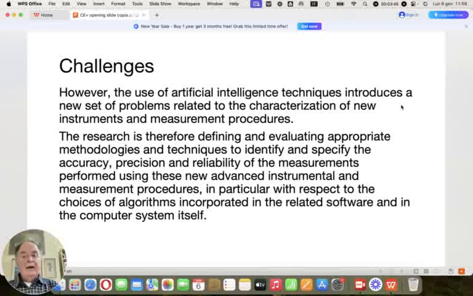However, the use of artificial intelligence techniques introduces a new set of problems related to the characterization of new instruments and measurement procedures.